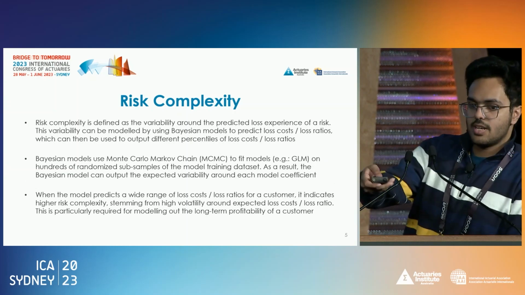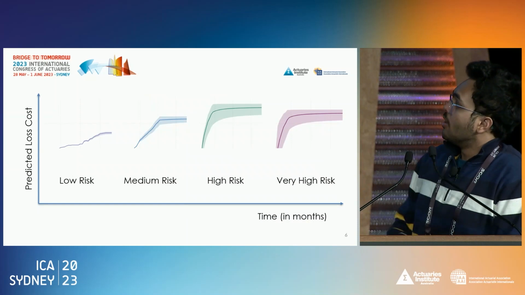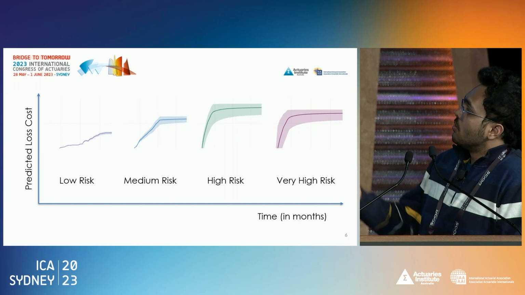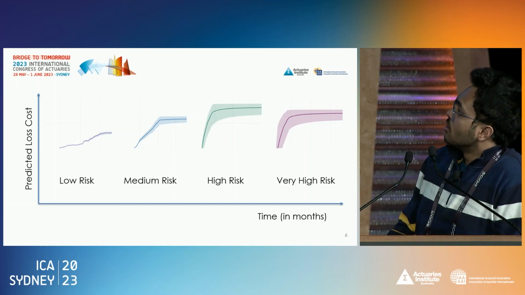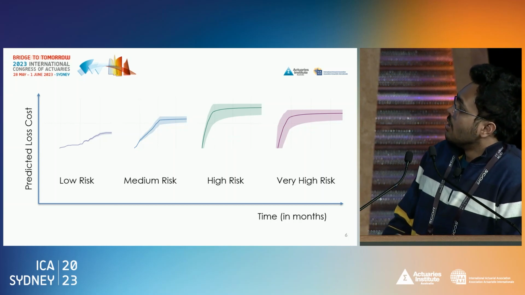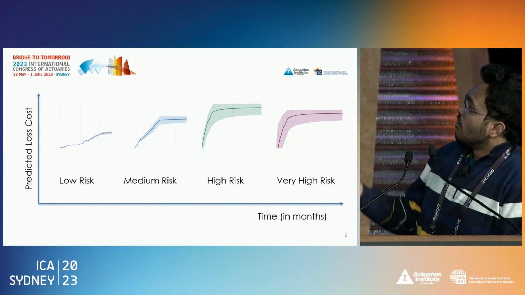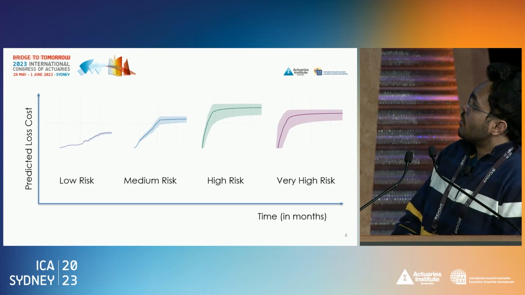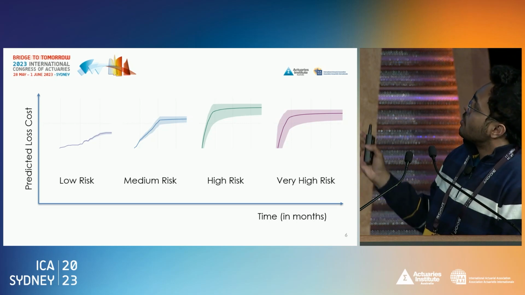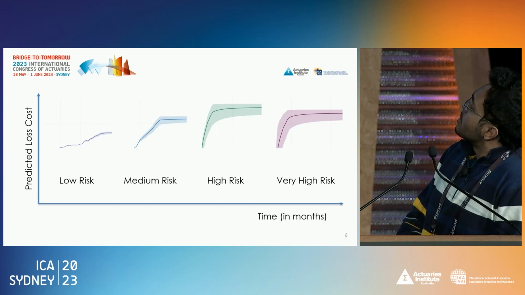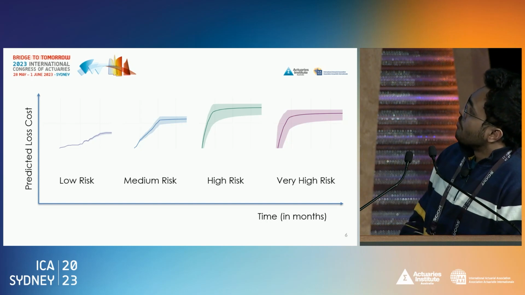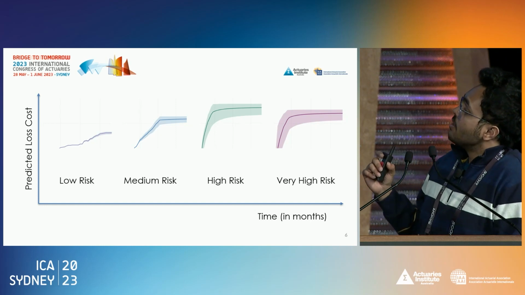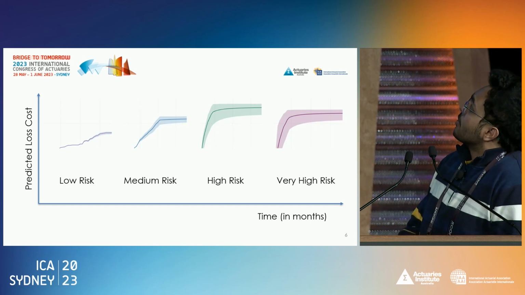This is represented visually in the diagram from some models that I have developed. So in the leftmost corner, you can see what a low-risk customer would look like in terms of their predicted loss cost over a period of time, versus as you go from left to right, the higher risk customers, where higher risk is basically higher variability around the predicted risk.